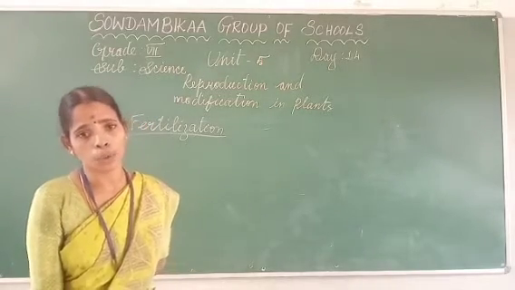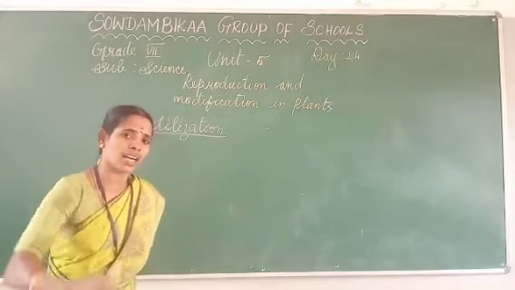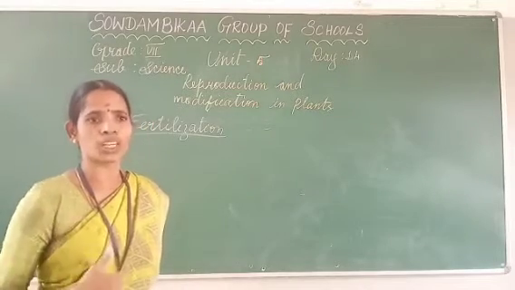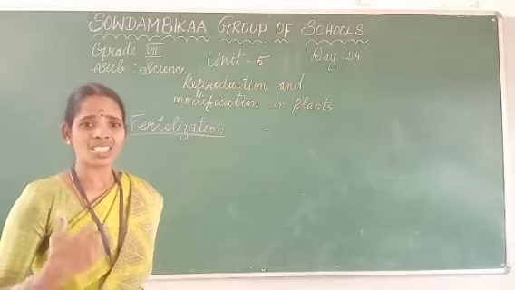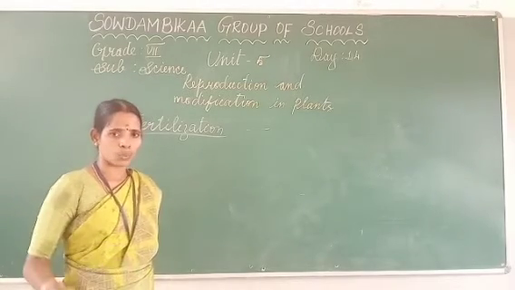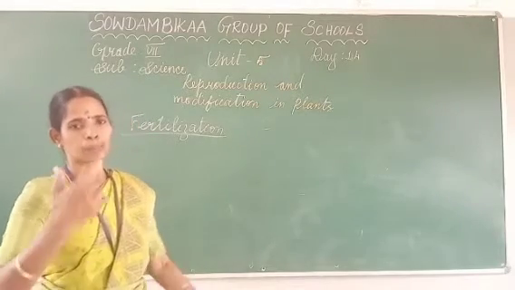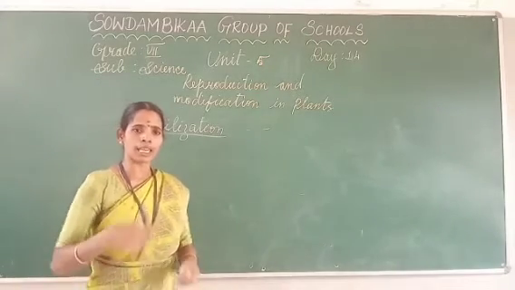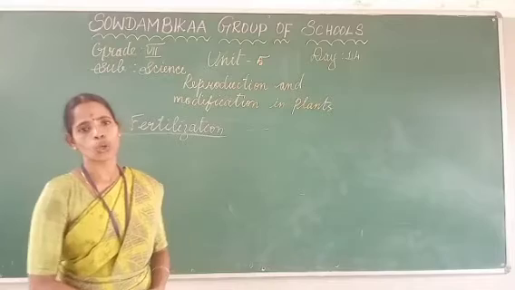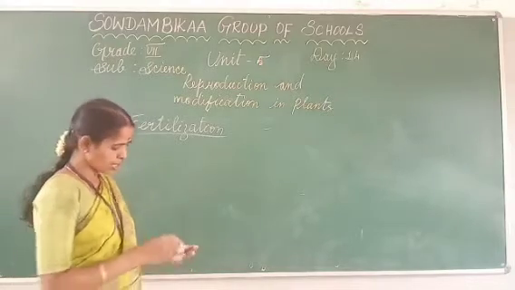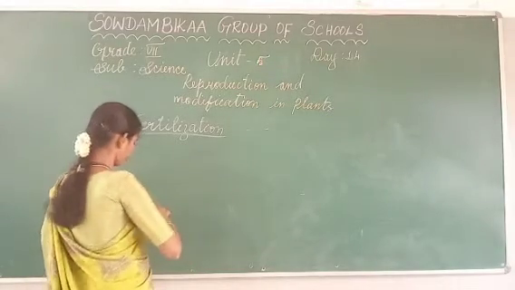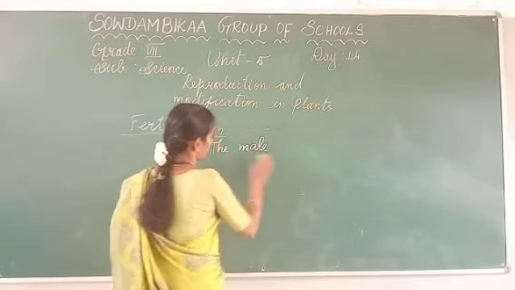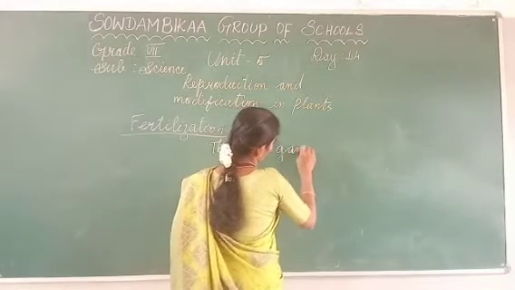After receiving, the pollen grains reach the ovary through the style. So after the pollen grains reach the ovary, what will happen? The male and female gametes fuse to form a zygote, and the process is called fertilization. Here the male gamete means pollen grains.